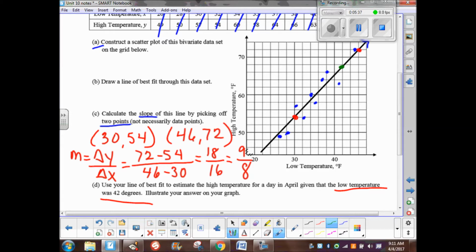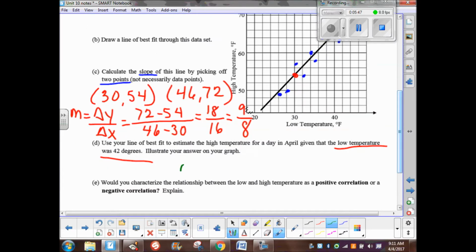I get roughly 67, 68-ish degrees Fahrenheit. Is yours close to mine, somewhere within that range?